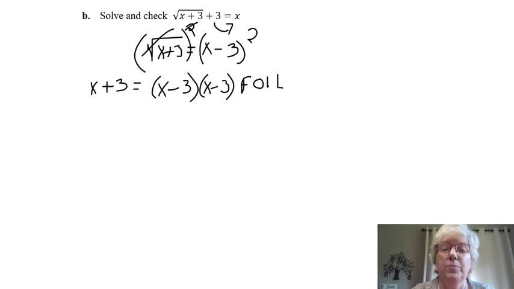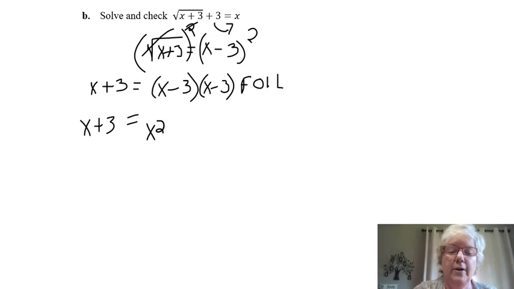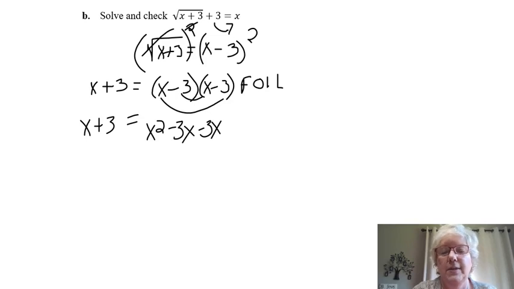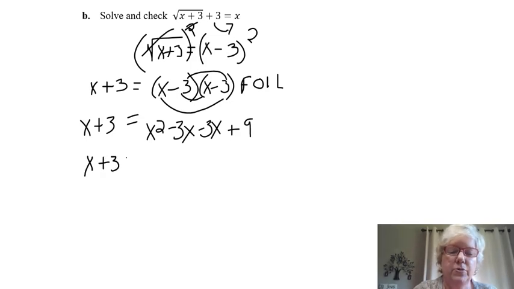I'm going to need to multiply x minus 3 and x minus 3 together on the right-hand side. So x times x is x squared. X times negative 3 is negative 3x. Negative 3 times x is another negative 3x. And negative 3 times negative 3 is positive 9. Let me combine like terms. x plus 3 equals x squared minus 6x plus 9.